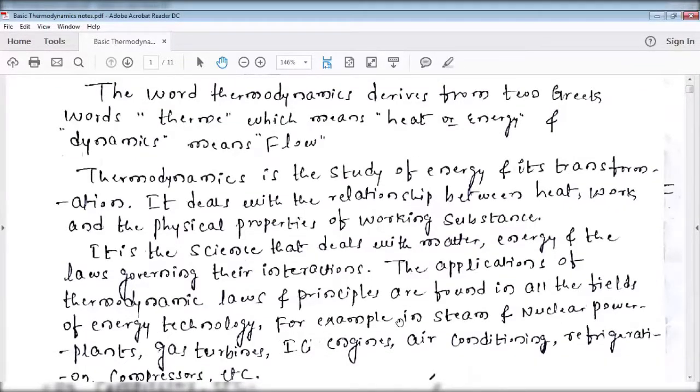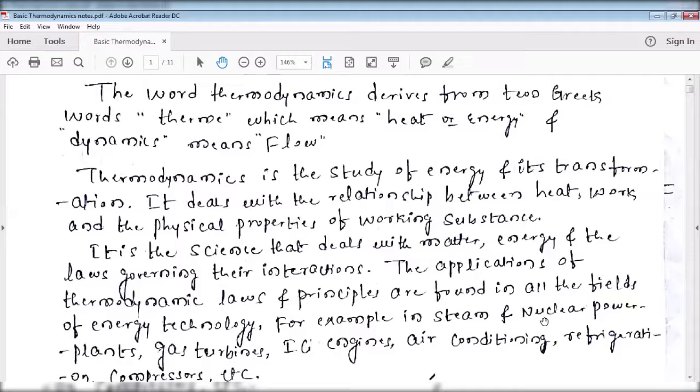For example, in steam and nuclear power plants, we are using thermodynamics because the steam is having heat energy. This nuclear power plant is also used to produce electrical energy. In that case, we are using heat energy which is liberated during nuclear splitting actions.